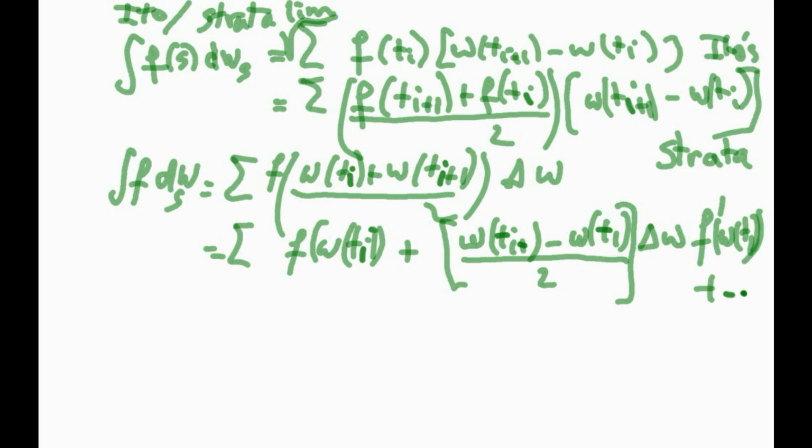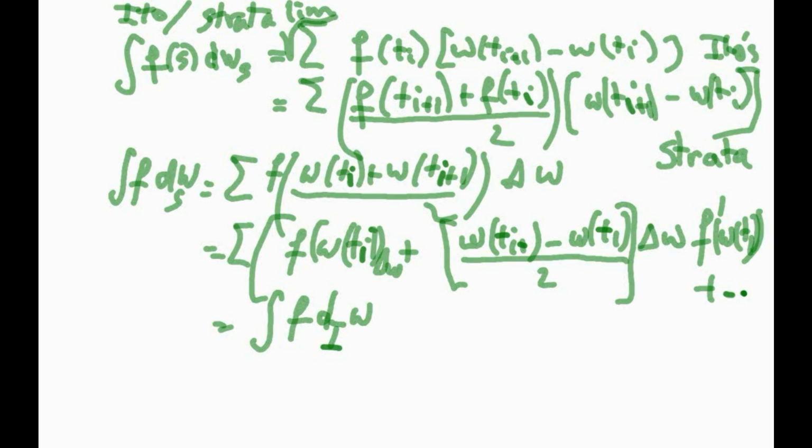So if we go to the limit, what we are left with, so here there is dω, is the integral of f, but in the Ito sense. So let me write it d_Ito ω.